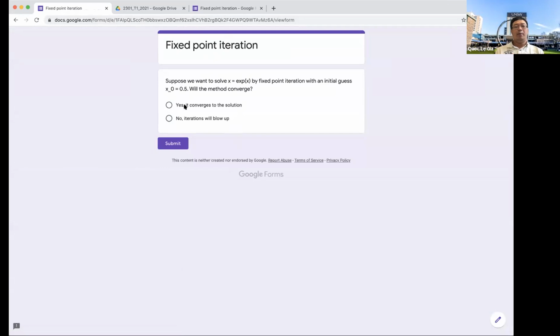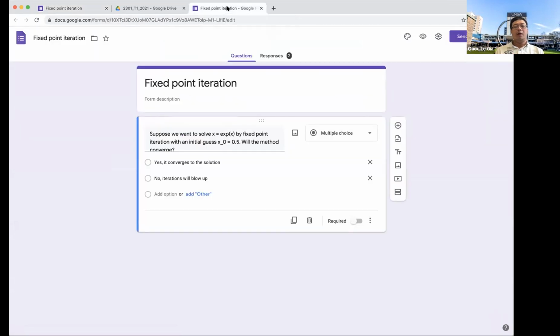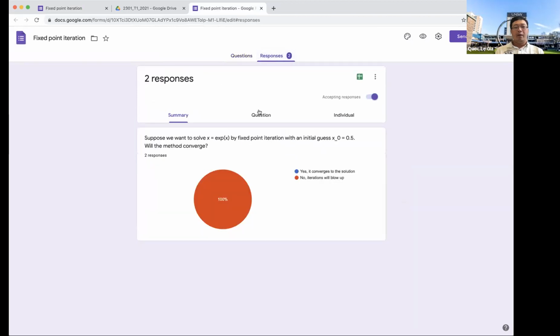What is going to happen? Does it converge to the solution or blow up? Okay, so somebody said that it blows up. So you've tried already. Did anyone say that it converges to the solution?